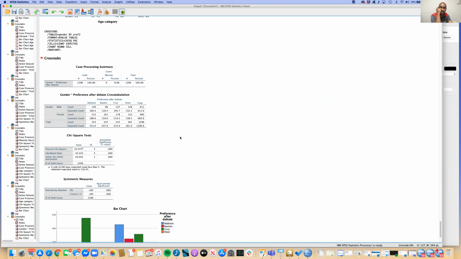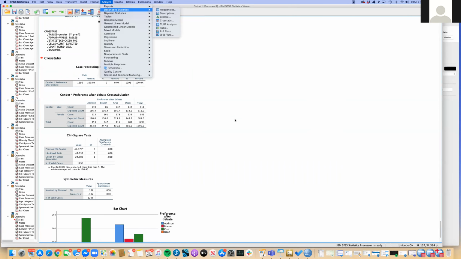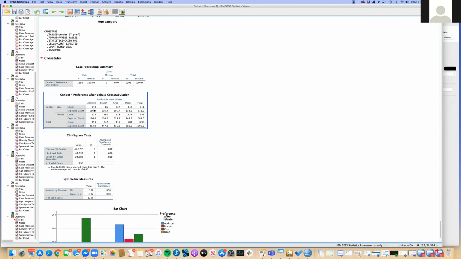Go ahead. Y'all correct me on the chart. Male count 140, expected count 166. I just want to make sure my data is straight. That's what I have. That's right.